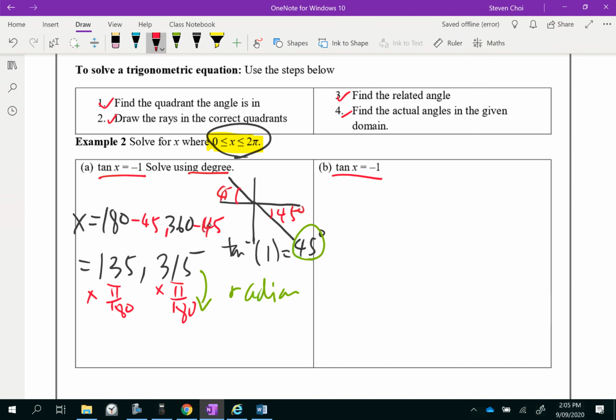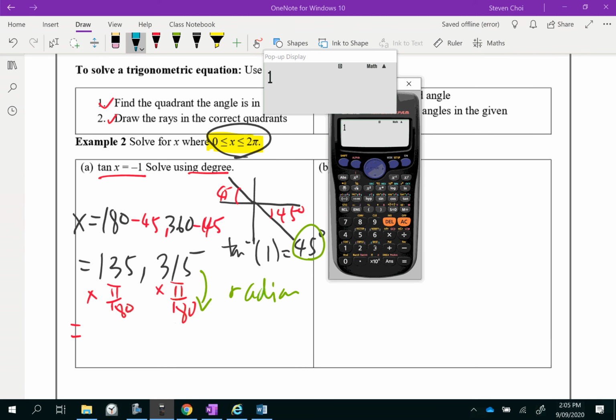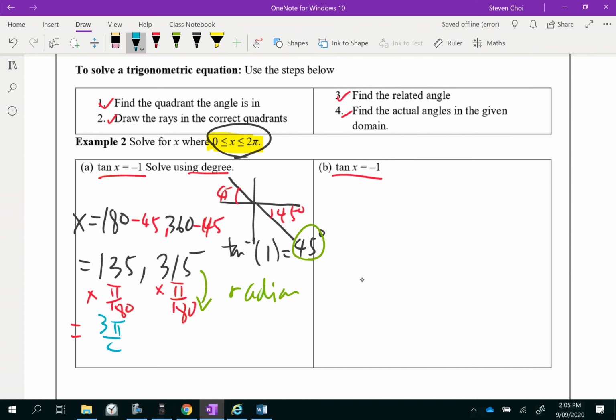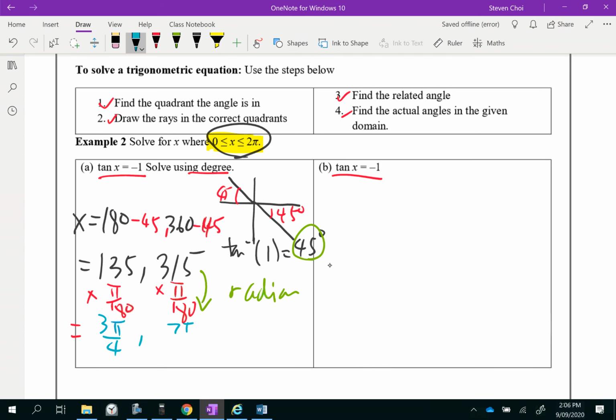So use your calculator. 135 over 180. You get 3/4, so you get 3/4 pi. What's the other one? 315 over 180. You get 7 pi over 4.